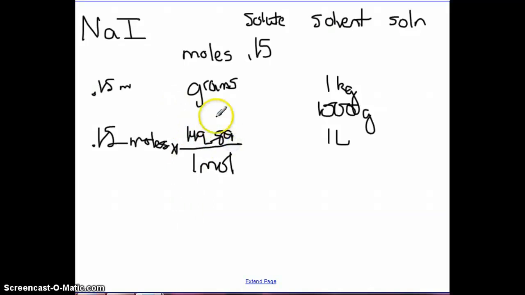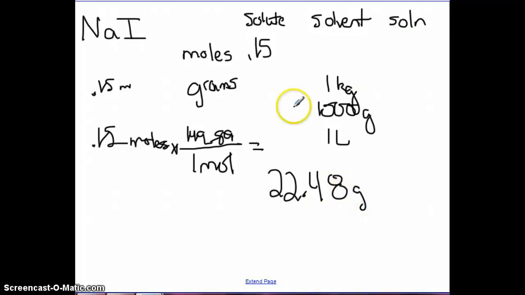Then you multiply across, and you get 0.15 times 149.89, which is 22.48. That would be grams of our solute. We're going to put 22.48 right here.